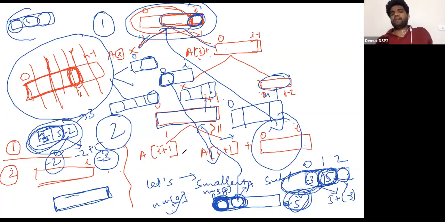So if all the elements are negative, what will be the maximum? It will be the cell with the greatest value, the least negative value. Just think from this level only.